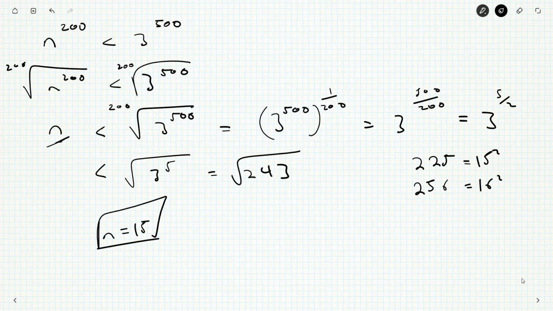Now, this isn't the only way to go about the question. If you've got your calculator handy, I've got mine handy, you can do things like 3 to the power of 500. I don't know if my calculator will even do that. Oh, overflow error. Okay. But you can do things like 3 to the power of 5 over 2, which is 2.5. And if you have a better calculator, you'll be able to do 3 to the 500.